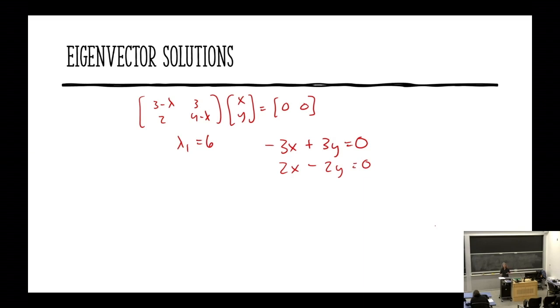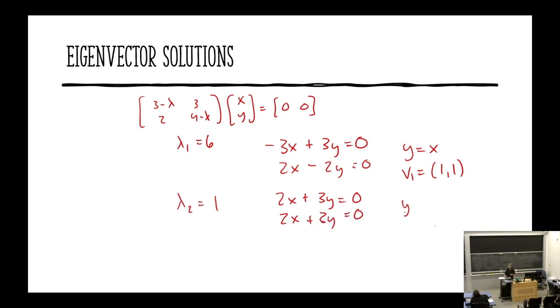And so either case just tells us that y equals x, and so we can choose any points along that line to represent the vector. So we can say, okay, v1 equals (1, 1). And then we can do the same thing for lambda 2. So that'll get us 2x plus 3y and 2x plus 3y.